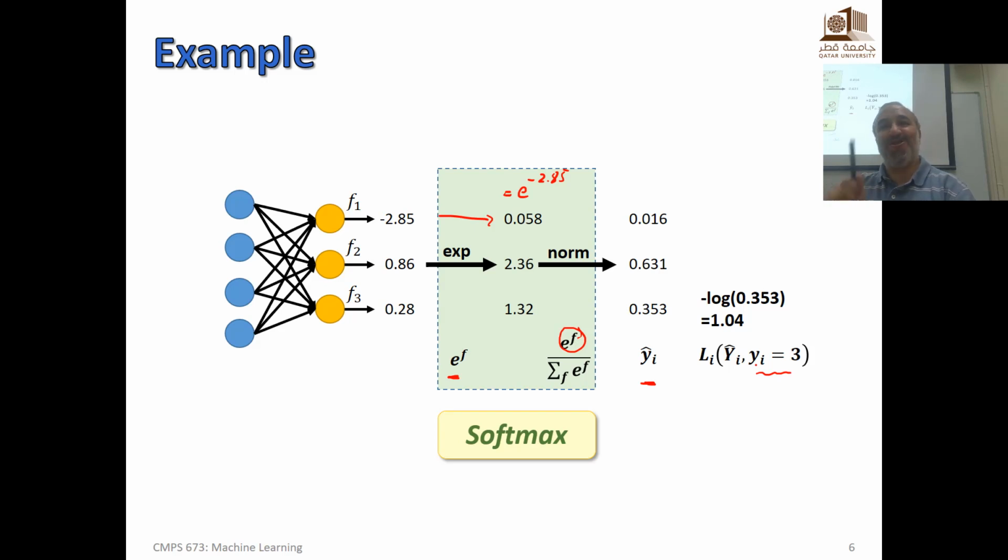No, the loss is not 0 here. Although the predicted class is the same as the actual class, the loss is minus log the probability for the class. If the probability of the class is perfect, is 1, then the loss will be 0. But because here the probability is not perfect, it's 0.6, there will be a loss in this case, which is minus log this value. Is that clear now?